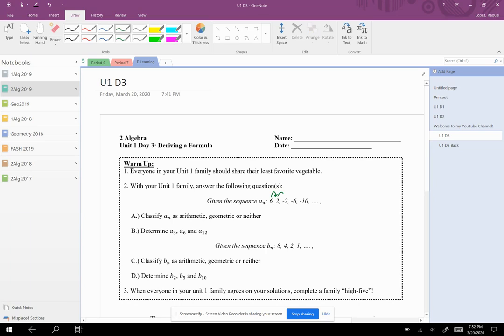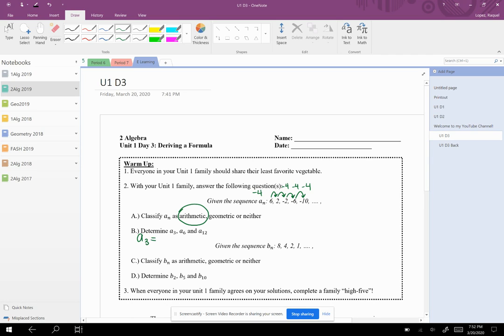Now, if I'm going down each of these, I'm noticing a pattern of going down each time. That tells me that the sequence is arithmetic, because subtraction is the same thing as adding a negative number. So now we know it's an arithmetic sequence, and now we have to find a sub 3, a sub 6, and a sub 12.